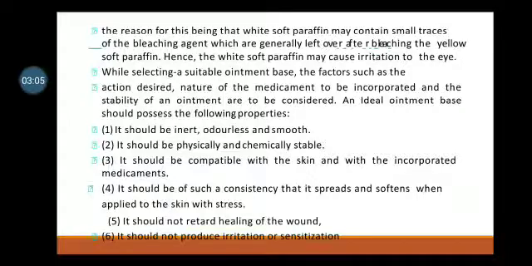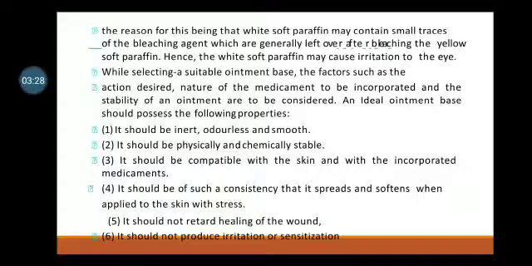Hence, the white soft paraffin may cause irritation to the eye. While selecting a suitable ointment base, the factors such as the action desired, nature of the medicament to be incorporated, and the stability of an ointment are to be considered.